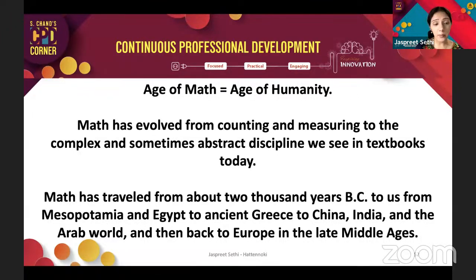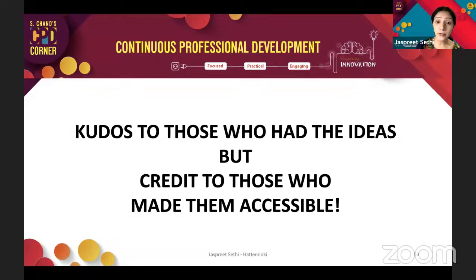Starting from Mesopotamia and Babylonian culture, then moving into ancient Greece, China, India, and the Arabic world, and then back to Europe in the late Middle Ages, which is the European math we usually see in our textbooks pretty much today. So kudos to those who had ideas, but credit goes to those who made them accessible.